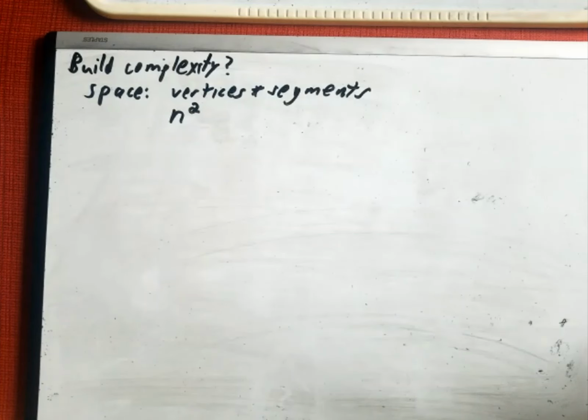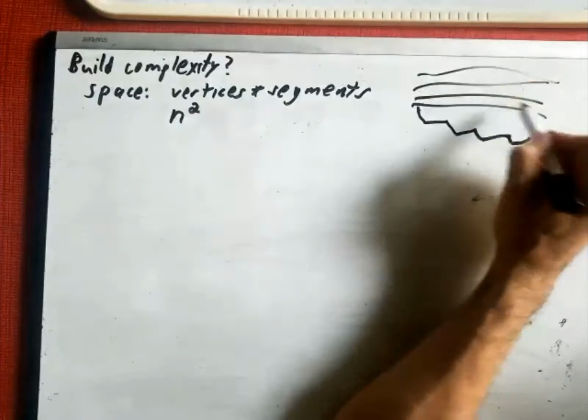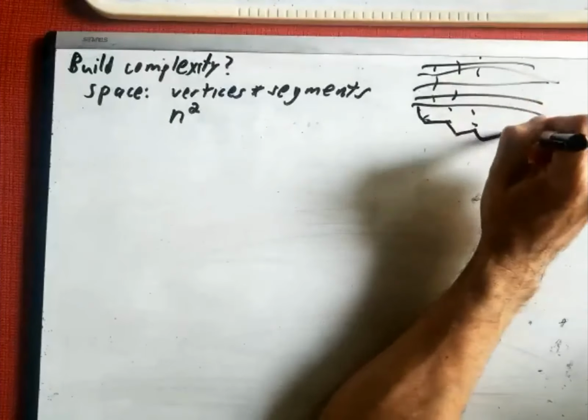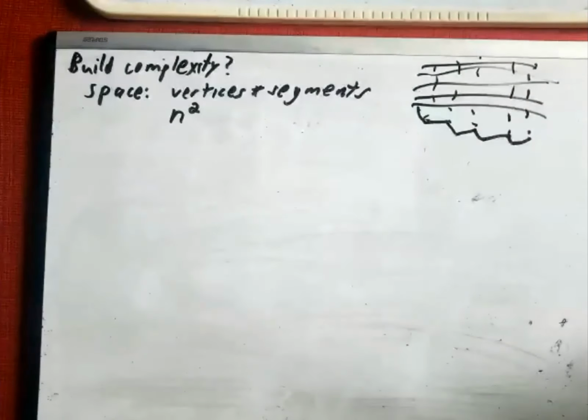If I make something like this, but then I put a whole lot of line segments above to all get broken by all of my vertices, then it's going to be n squared space. And that's way worse than the linear space that we get from a binary search tree. And of course, if the space is n squared, then the time's going to be at least n squared because you have to at least write down the data structure.